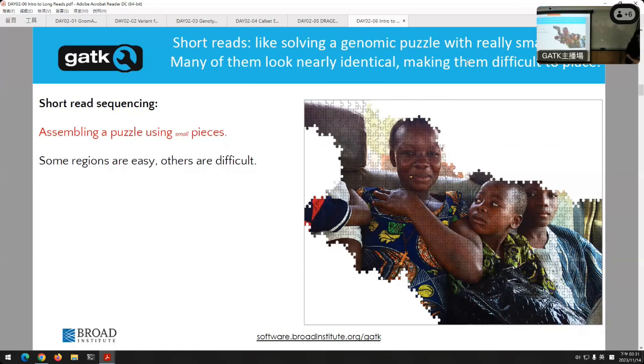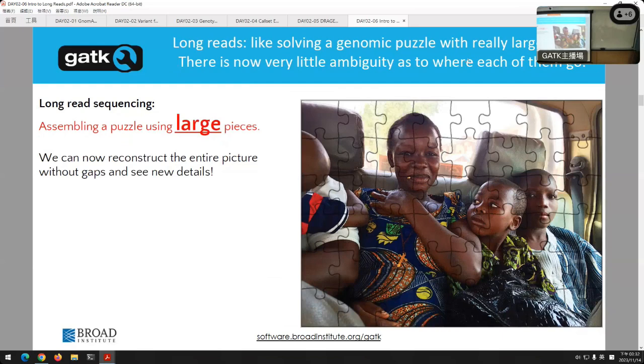Because the pieces are so small, a lot of them look pretty much the same, so it's ambiguous where they go in the puzzle. But with long reads, it's like suddenly all of the puzzle pieces are larger. Each of them contains a much bigger proportion of the image, and so it's much easier to tell where they fit.